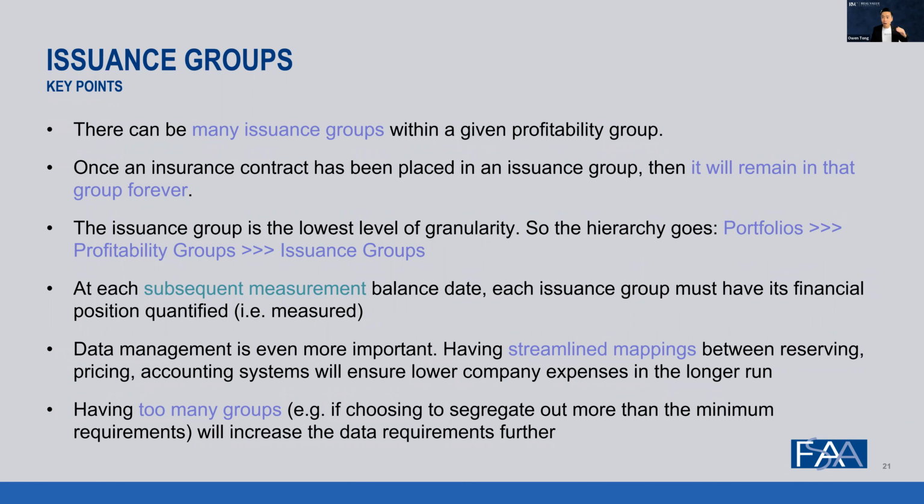And so the hierarchy goes: portfolios, profitability groups, issuance groups. Once you've sorted them out into those tiers, based on your initial recognition, etc., you then start measuring or producing numbers for these groups over time. At each subsequent measurement balance date, each issuance group must have its financial position quantified.